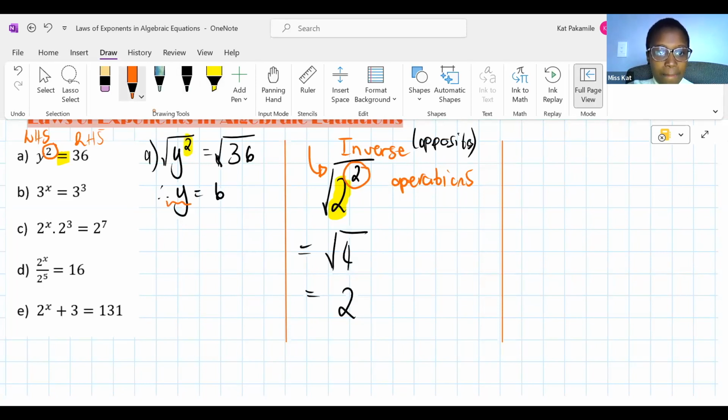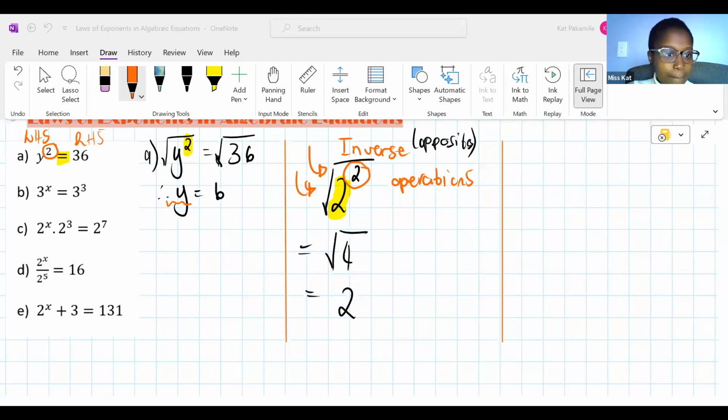So if we want to get rid of the square, we're going to have to square root because, as you said, it is the inverse operation. Do we see? Angel, do you understand now? Yes, ma'am. There we go. Okay, guys, I'm glad I'm still with you at this moment.